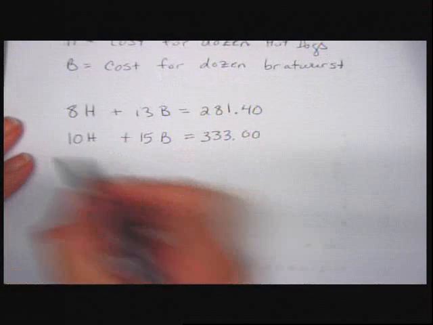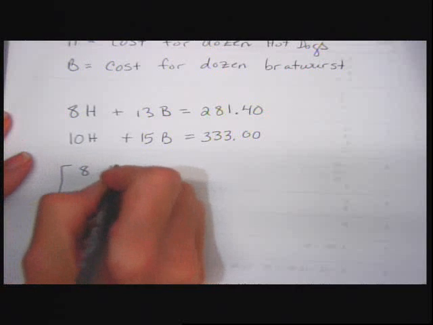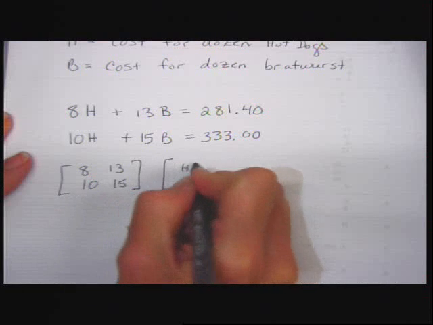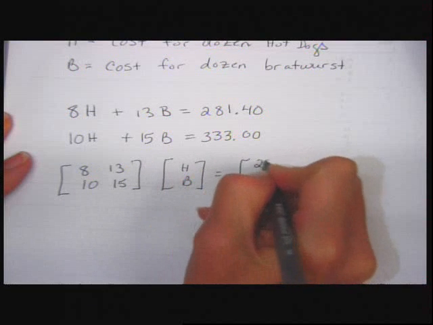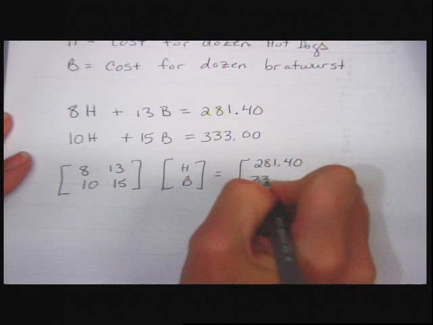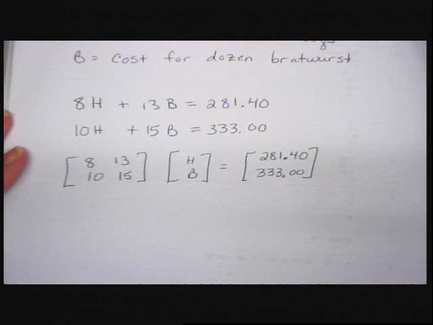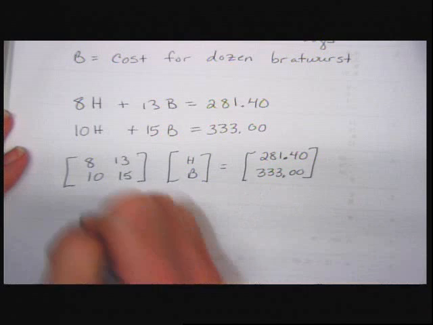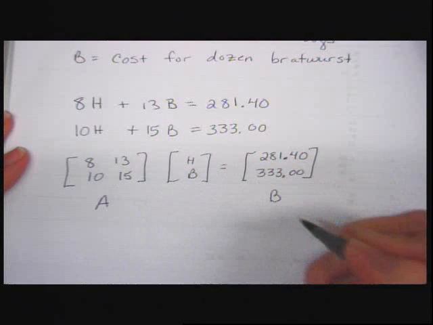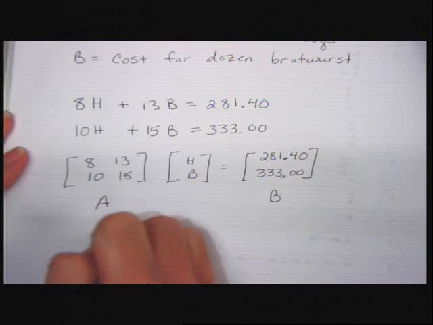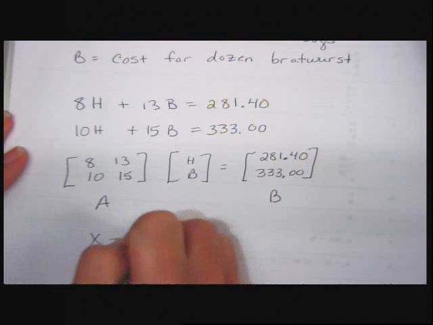Okay? Now what you'll do is enter this into your matrix. So we'll have 8, 13, 10, 15, and this will be H and B. And we have 281.40 and 333. So we put this in matrix A and this in matrix B. And then you go A inverse B to get your matrix answer.